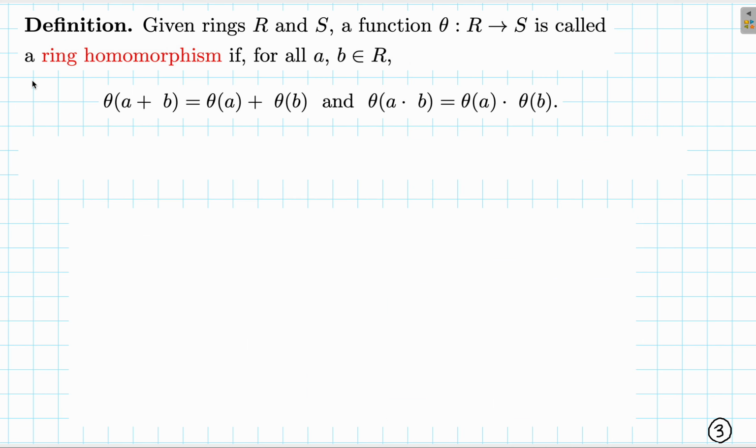Here's a definition. Given rings R and S, a function theta from R to S is called a ring homomorphism if both addition and multiplication are preserved.